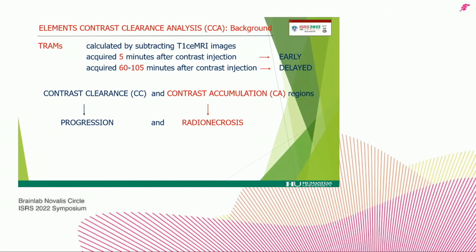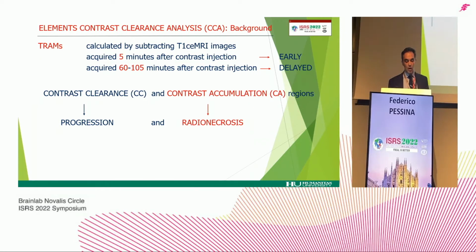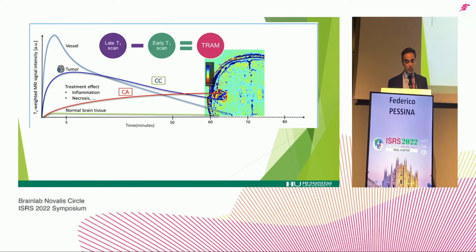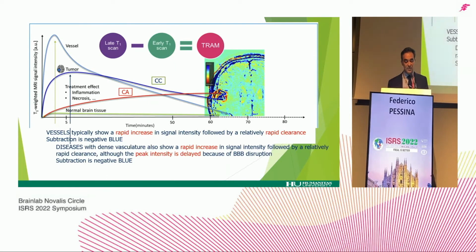This is a little bit the paradigm of this methodology. First, we can see how in vessels an injection typically shows a rapid increase in the signal intensity followed by a relatively rapid clearance. So the subtraction image, the color that we can see in the MRI map, is blue, is negative.